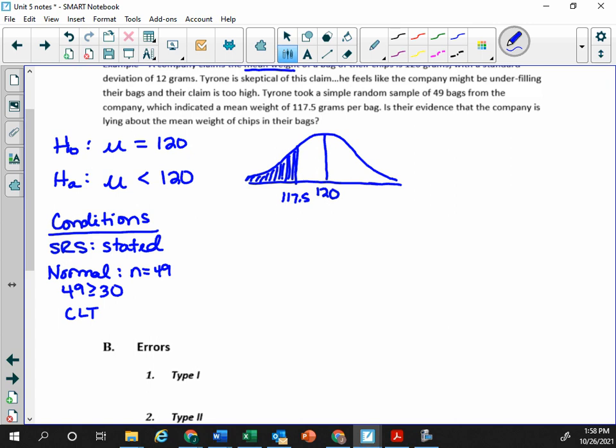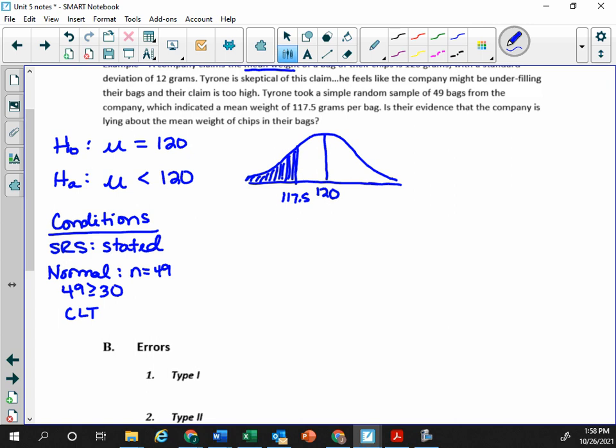We're finding that shaded area. What that area tells us is the probability of this occurring. So is it very likely that we would get a sample of 117.5 grams per bag? That's what we're going to find out. We're going to calculate that area and see, oh, there's like a 23% chance that you could get a sample of that size.